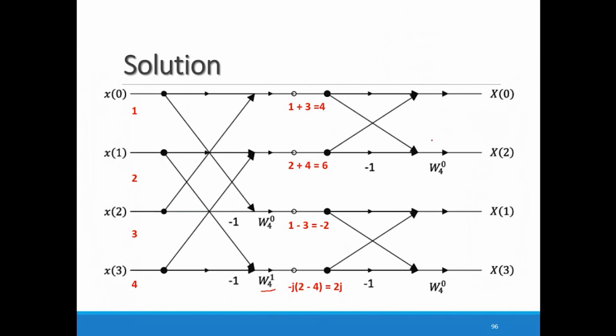Now at the last, we are applying this multiplication, so you are getting 4 plus 6, 10, 4 minus 6, minus 2, next term is minus 2 plus 2j, and the last one is minus 2 minus 2j.